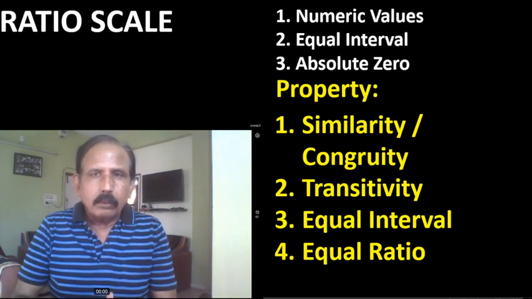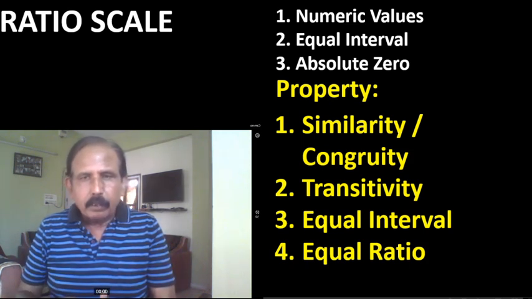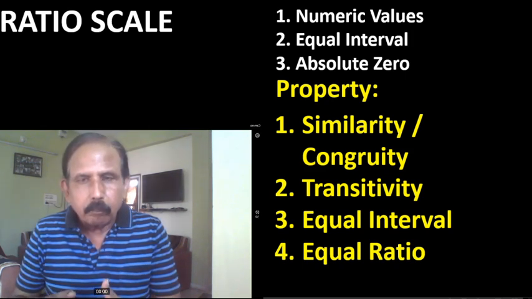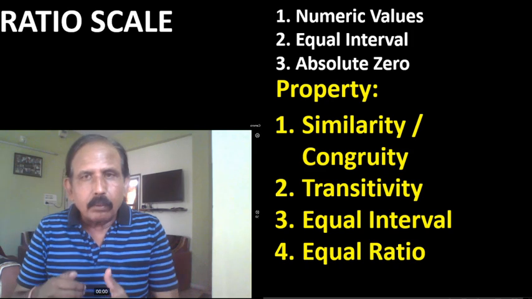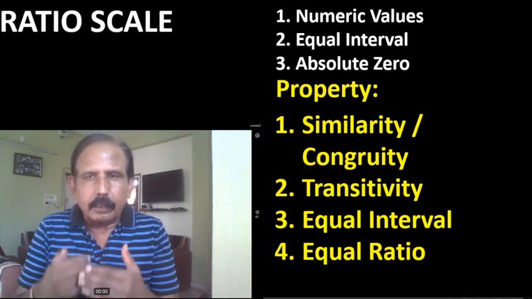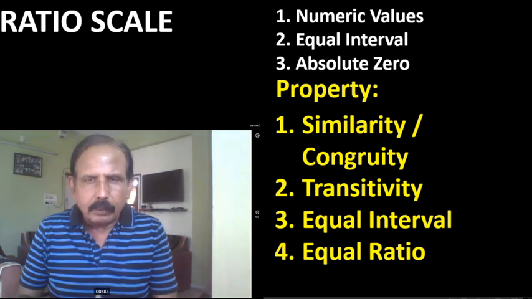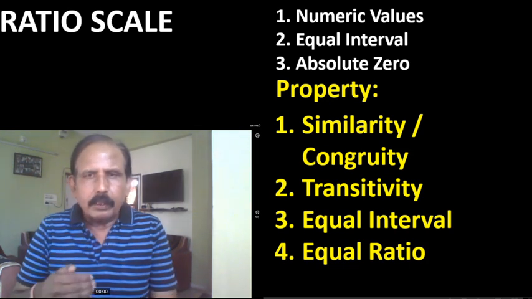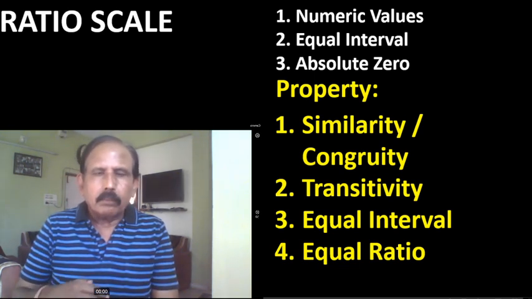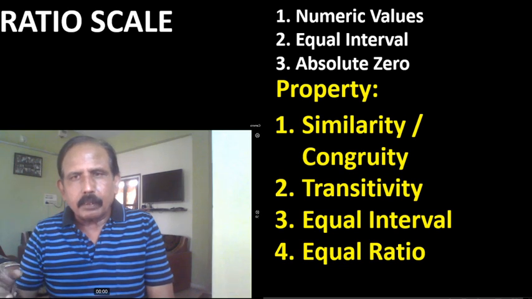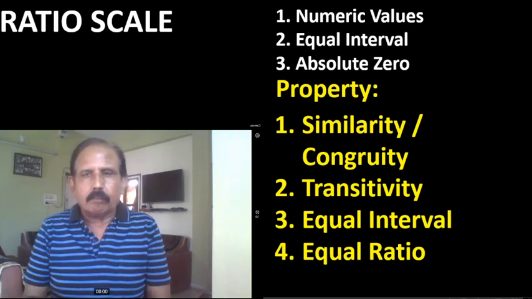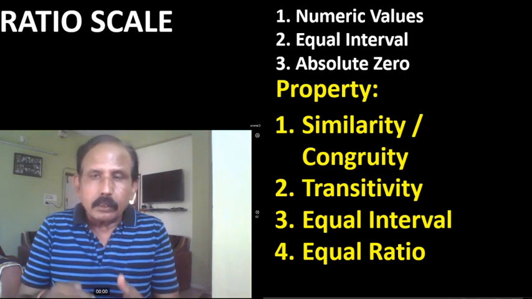Here the ratio of numbers and ratio of corresponding characteristic both are equal always, and this ratio is maintained in each case. That's why it is called equal ratio. That's why it is called ratio scale.